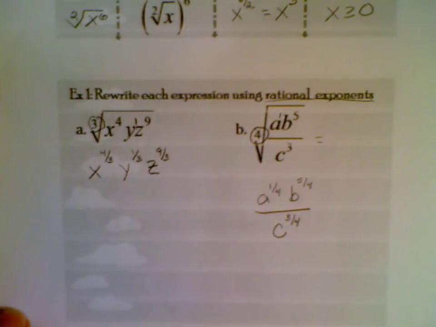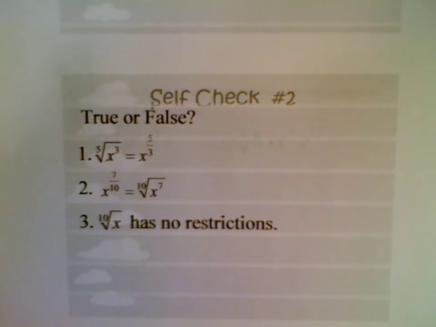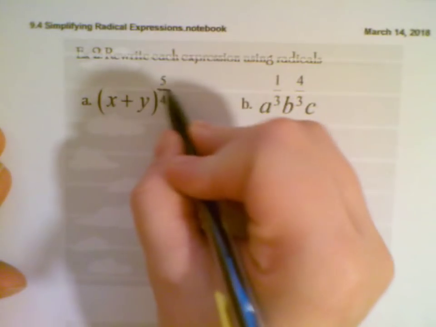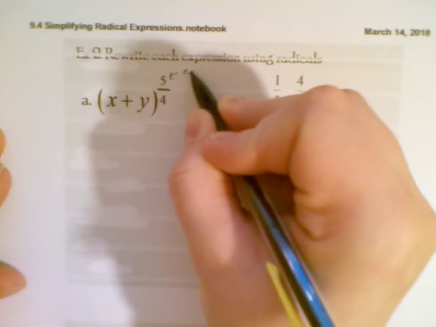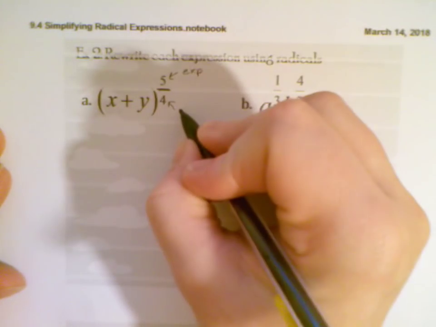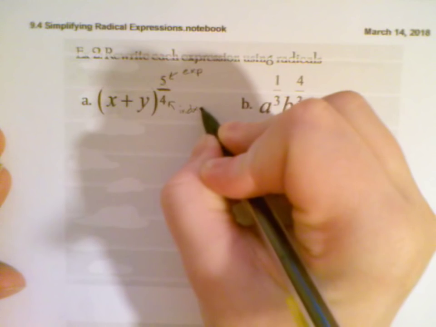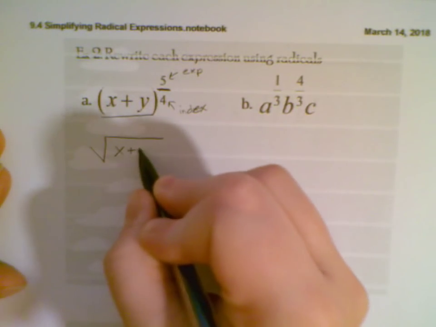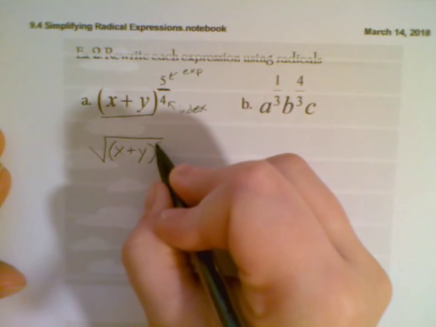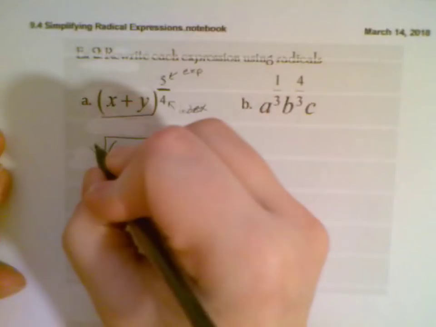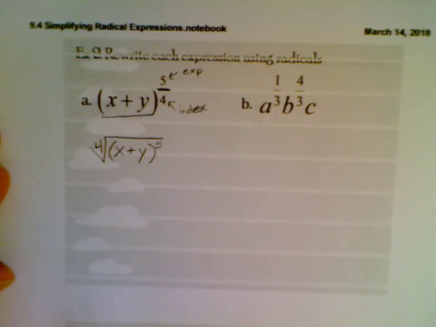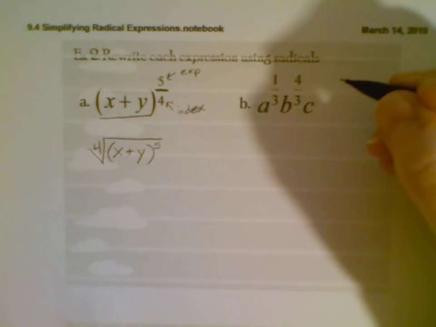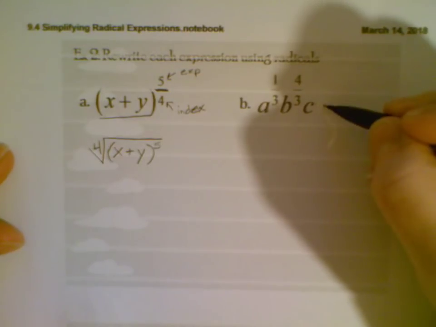Okay, all right, let's try going the other way. Now going the other way, this would be my exponent, and this is going to be my index, and this whole thing is going to go under a radical. So I've got x plus y, so 5 will be my exponent, and then it'll be a fourth root for my index. Right here, if you notice, this doesn't have an exponent.